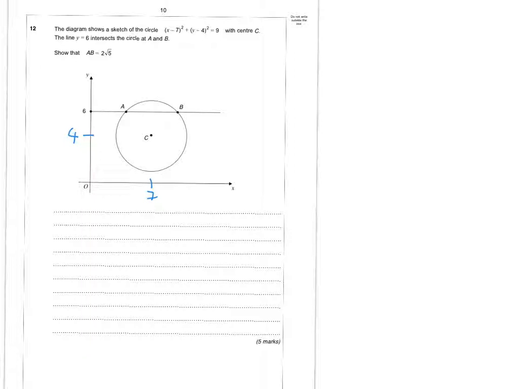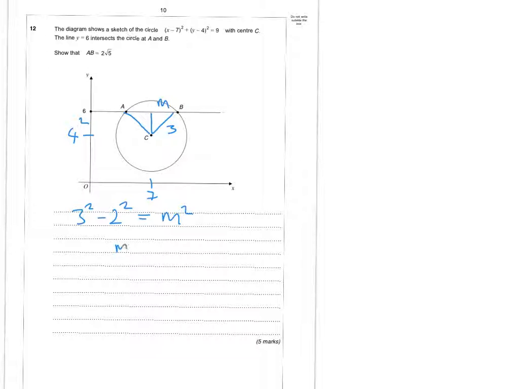Show that AB is 2 root 5. I know that the radius is 3, so I know that that distance there is 2. So I can do Pythagoras, 3 squared minus 2 squared is equal to, I'll just call it m squared.